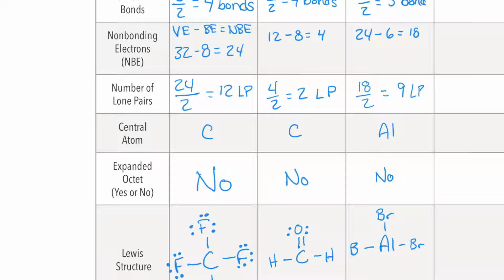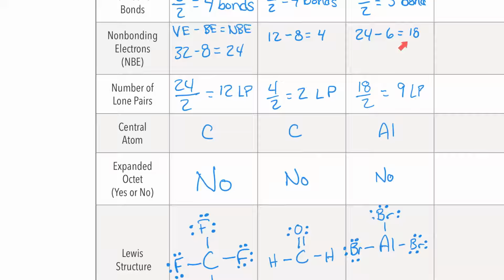And then we need to use our 9 lone pairs to complete the octets, remembering that aluminum only wants to see 6, so it sees 2, 4, 6 right now, so it's satisfied with its incomplete octet. So we will be putting our lone pairs around these bromines. 1, 2, 3, up to 18.